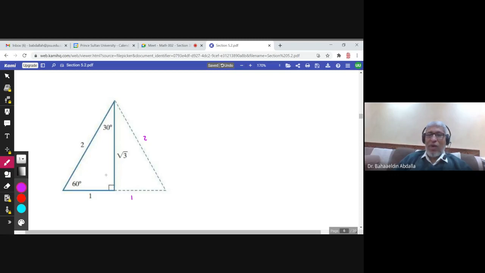Let us find the 6 trigonometric functions of 30. Now concentrate on 30. What is sine 30? Opposite, which is 1, over hypotenuse, which is 2. So what would be cosecant 30? It would be the reciprocal, which is 2. What about cosine 30?